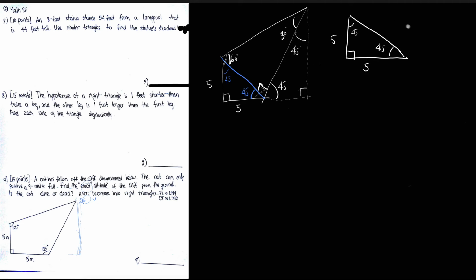Well, recall that the hypotenuse is equal to the leg length times root 2 in a 45, 45, 90 right triangle. So my hypotenuse is actually 5 root 2 because my leg is 5. So this part here is 5 root 2.